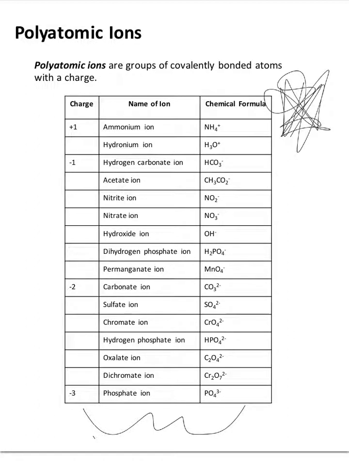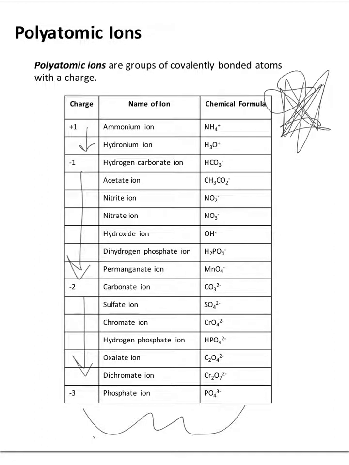What you will notice is that this +1 applies to both of these, this -1 applies to all of these, and the -2 applies to all of those below it as well. So make sure you're going through and becoming familiar with this list. If you want to make flashcards, I know there's also an iPad and a Droid app out there that you can review.